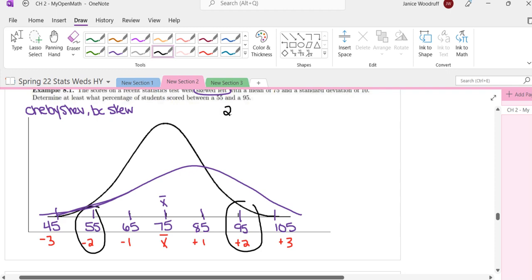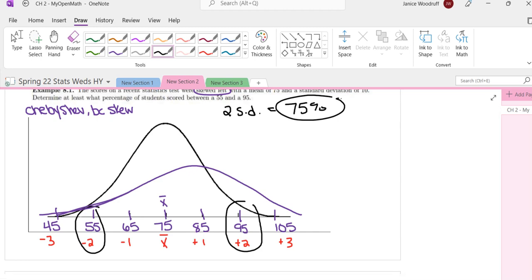According to Chebyshev's theorem, what percentage is 2 standard deviations of the mean? 75%. So that's your answer there. You can put that out and look, or you could do it mathematically. I like to look at it as a graph. But 2 standard deviations, 75%. That's all you have to do there.